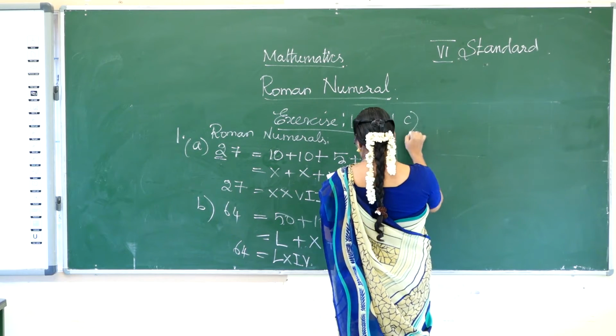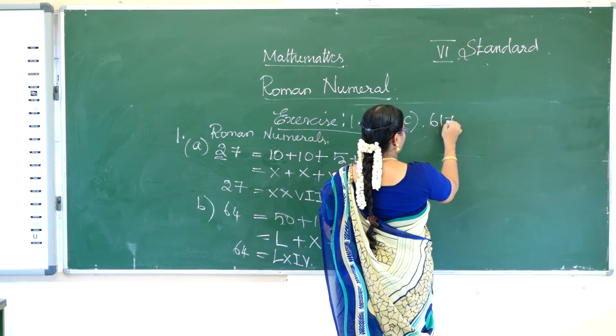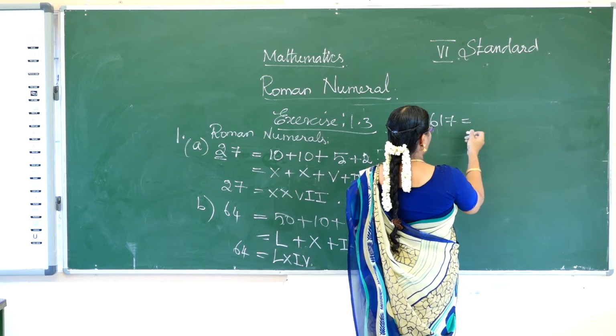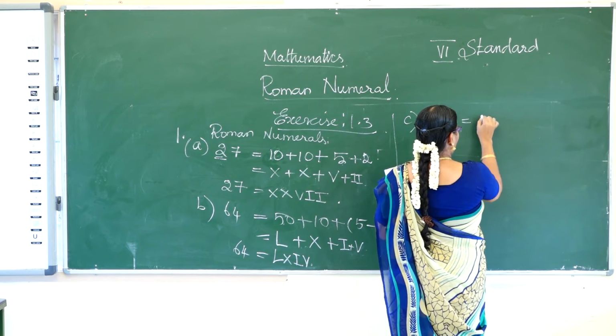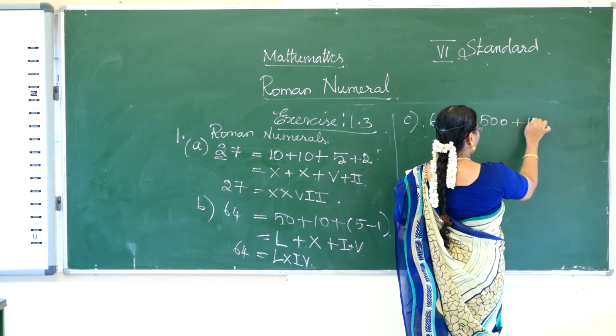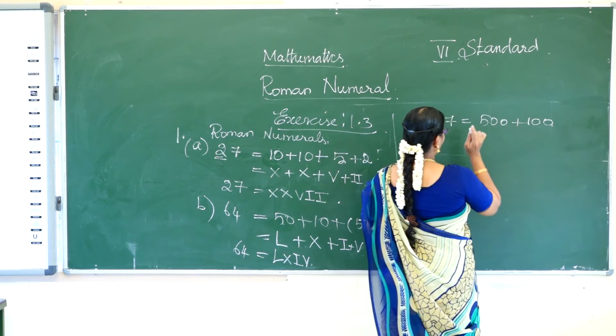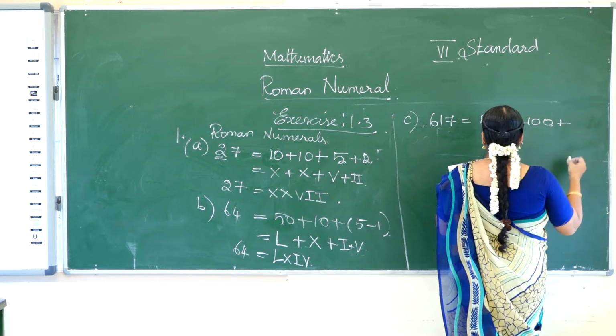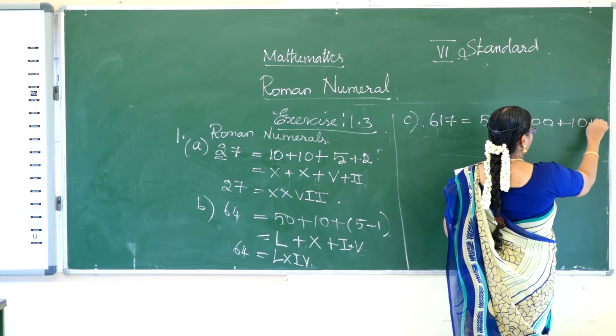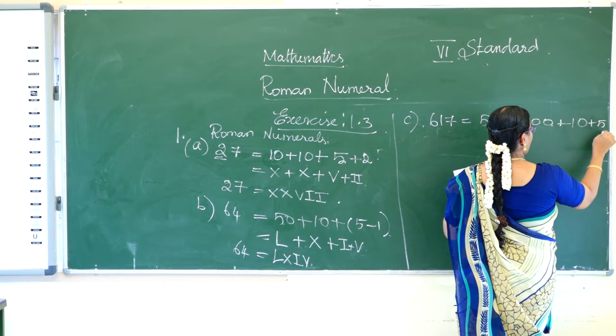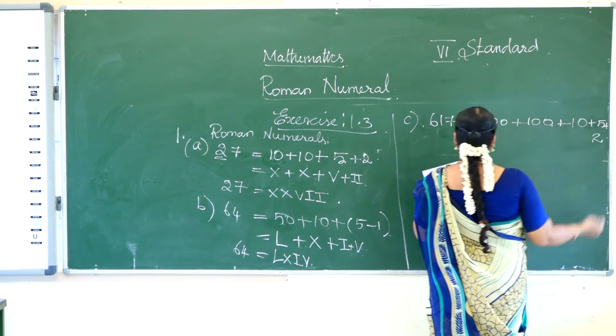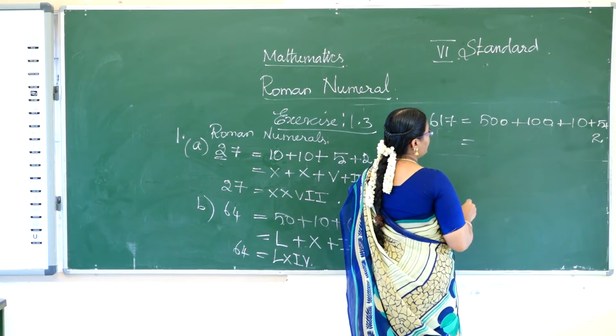Next is 617. The nearest is 500, and after adding 100, we get 600. What are the remaining elements? 10, then 5 plus 2. Now write in Roman letters.